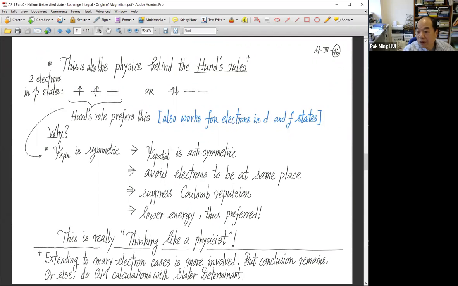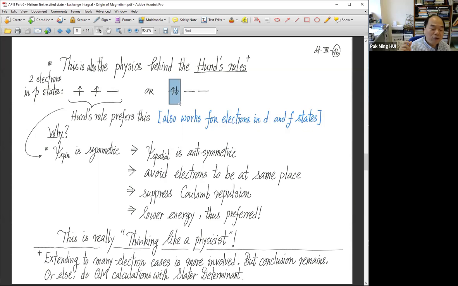Then you can do the Hamiltonian calculation, but you have to solve this Hartree equation first for the single electron states and then do the expectation value. If you want to compare energy, you have to write down another Slater determinant for this up-down situation. You redo the calculation, then you have two energies to compare. Which one is lower?